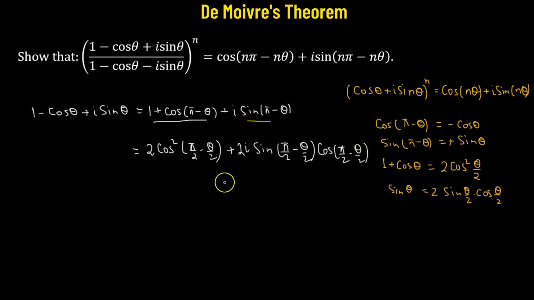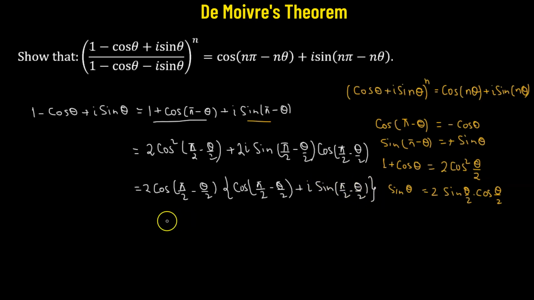Now from the first term and the second term, we can take 2 cosine of (pi over 2 minus theta over 2) as the common factor, such that this gets multiplied to cosine of (pi over 2 minus theta over 2) plus iota times sine of (pi over 2 minus theta over 2). Now we'll raise both sides to the power of n.